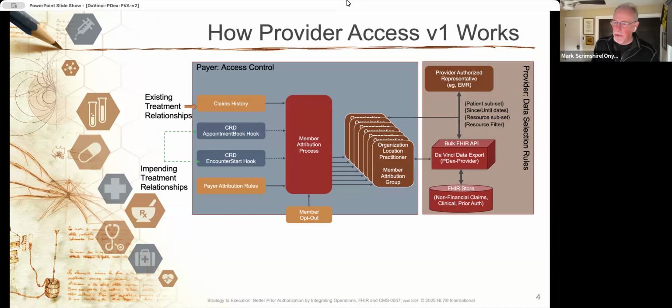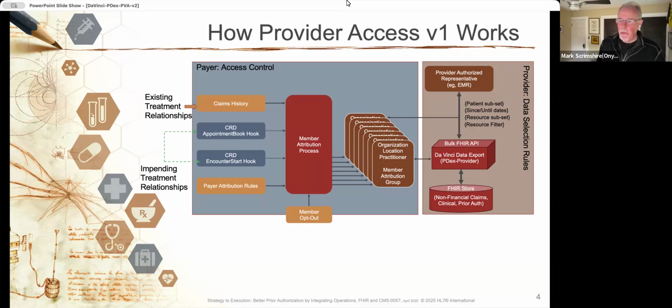That's almost like a denial of service attack on your FHIR API. And also, there's the question of how you deal with people that are being added to the list. How do you know about new patients and so forth? So in simple terms, it could work, but it had some risks associated.